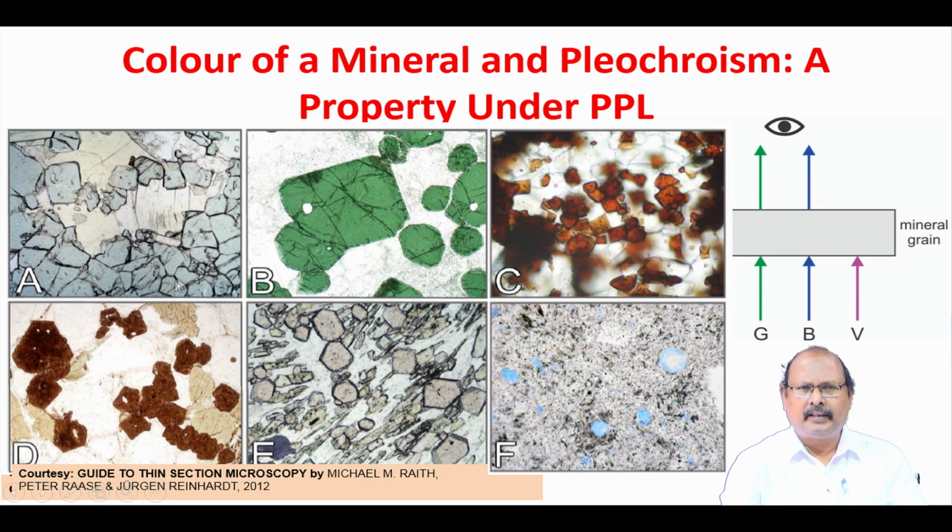So, I give you an example of color of a mineral of the isotropic mineral group which crystallizes under isometric crystal system. These first three are different spinels of different composition. These are green spinel, these are colorless spinels, and these are brown spinels here. So, whatever direction you rotate, the color will not change.